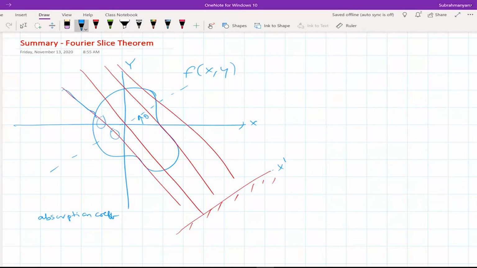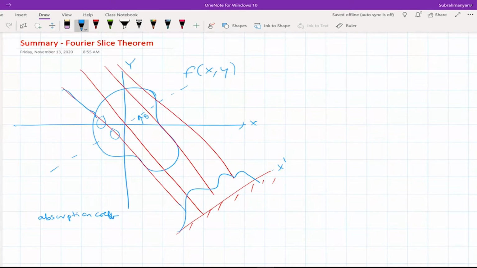Okay, this is a 3D f of x,y. So we assume that it is projected into the space outside your screen. This gets absorbed, and all that you could measure, in case of CT, is the absorption coefficient across this line, right? So that's how you do it.